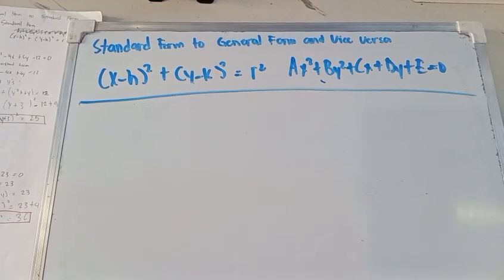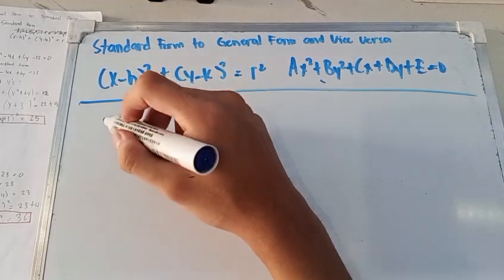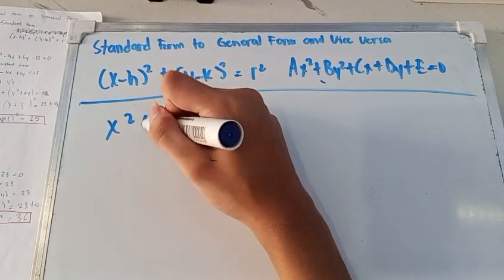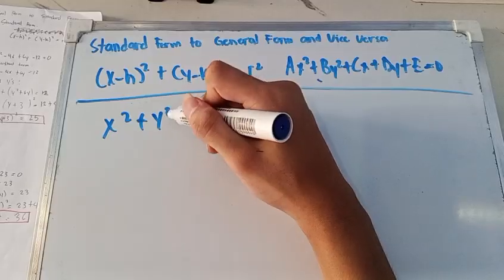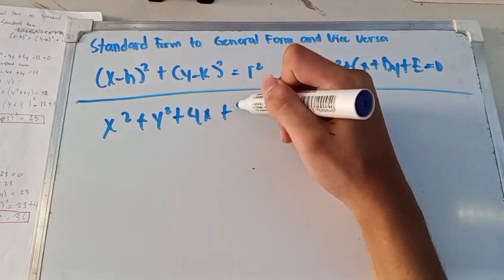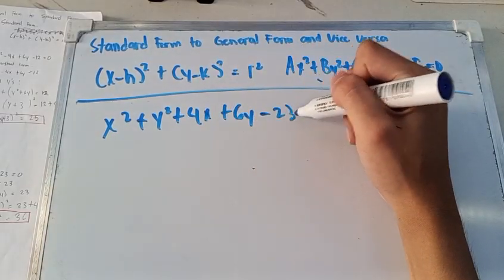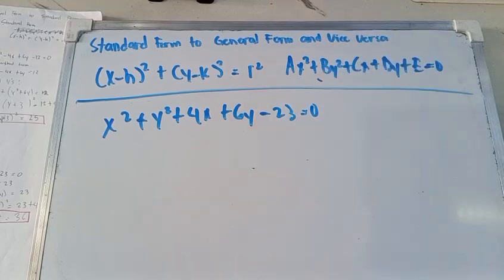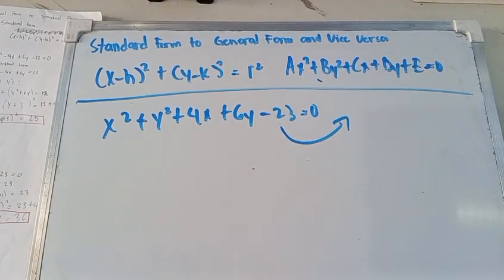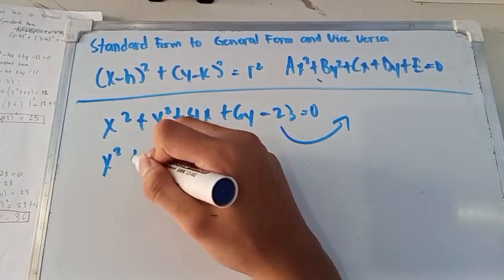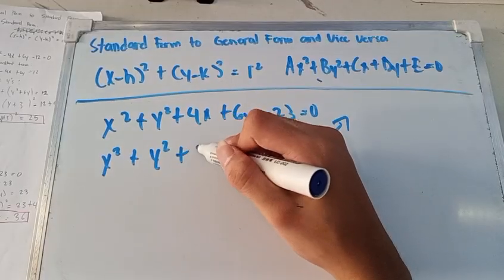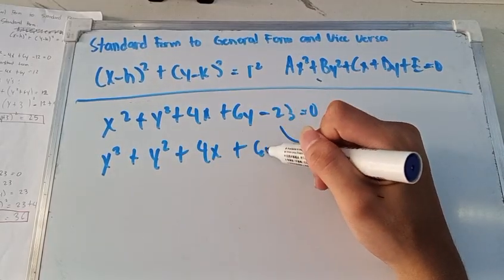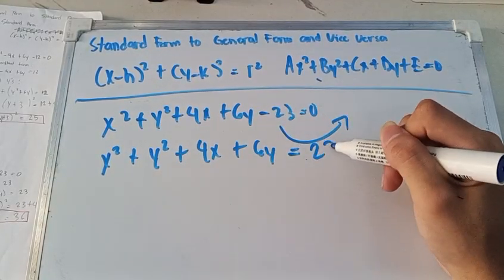So let's say we have x squared plus y squared plus 4x plus 6y minus 23. So again, transpose this to the right side. So we will have x squared plus y squared plus 4x plus 6y equals positive 23.